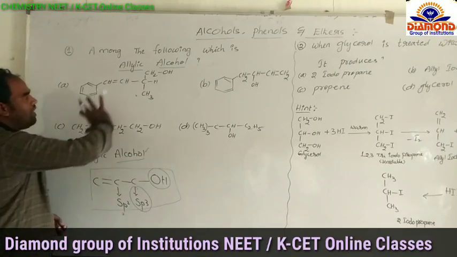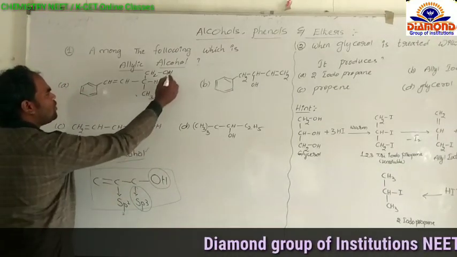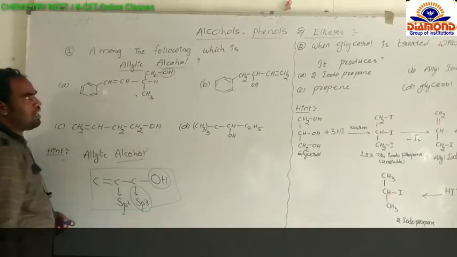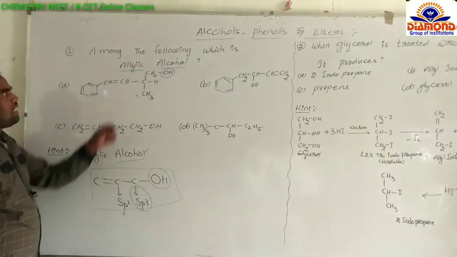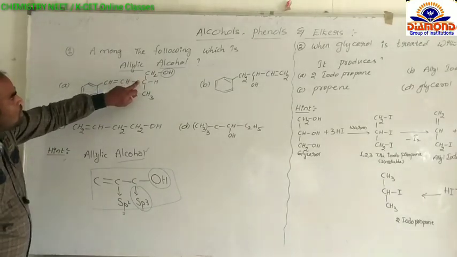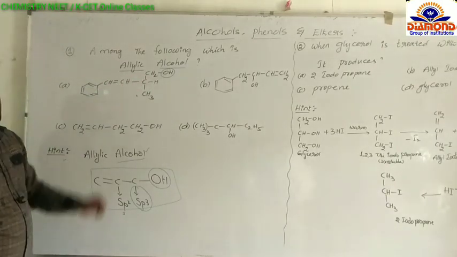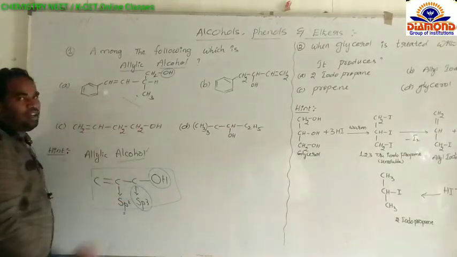Now we have to identify which one is allylic alcohol here. In the first option, the OH group, the alcohol group, is there, connected to a carbon by a single bond, therefore it is sp3. The next carbon also contains a single bond, so it is also sp3, therefore it is not an allylic alcohol.